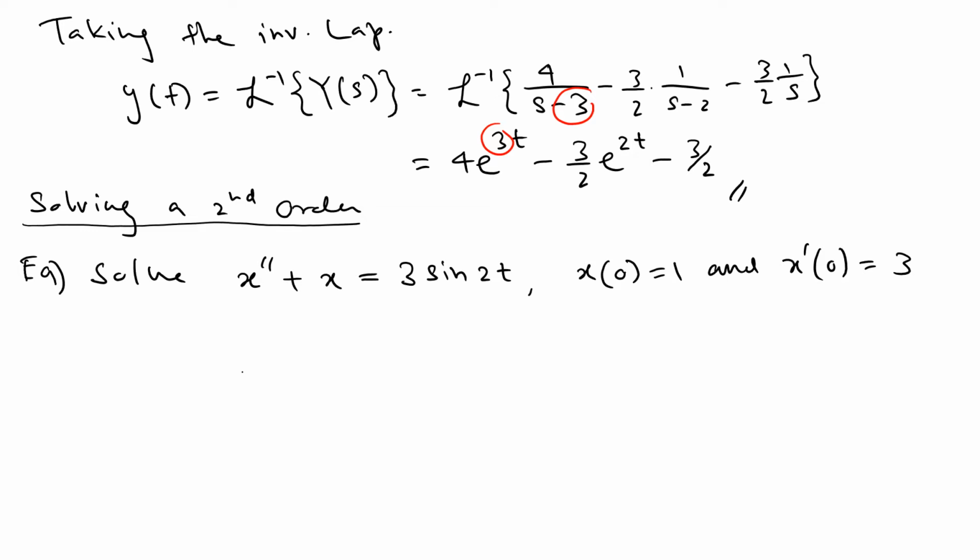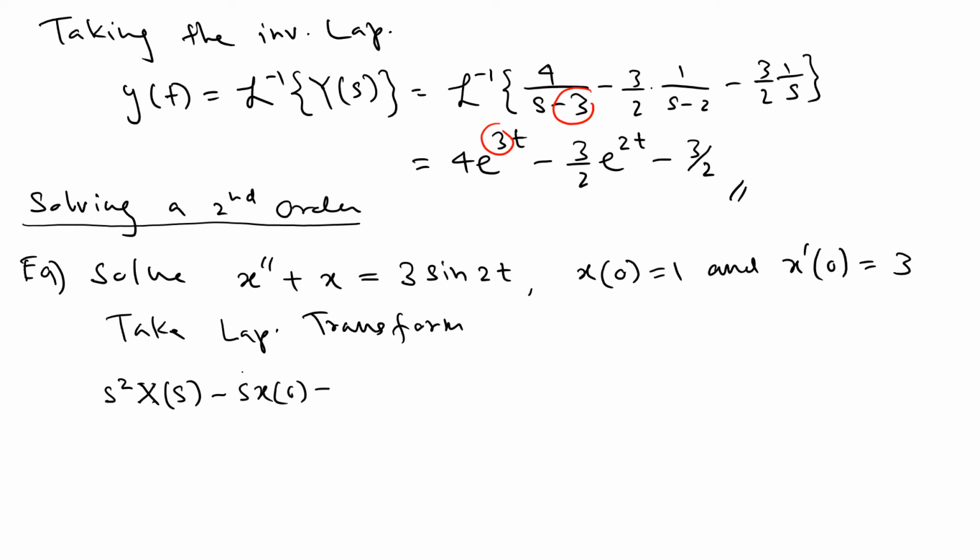Always the first step is to take the Laplace transform of both sides. Once you do that, the first term is going to give you s squared X(s), that's the transform version of the solution x, minus s x(0) minus x prime of 0. All of these come from the first term.